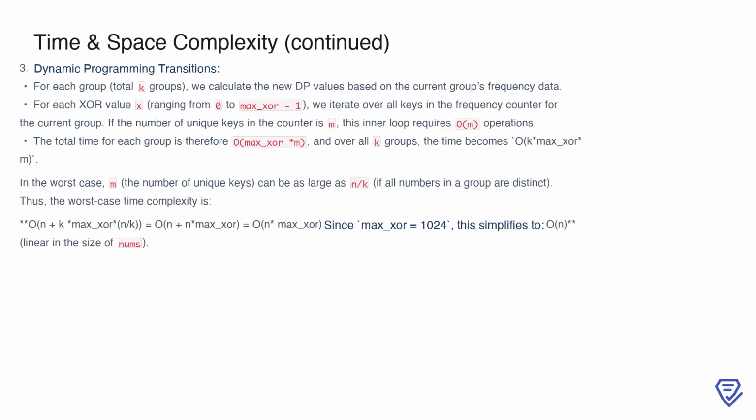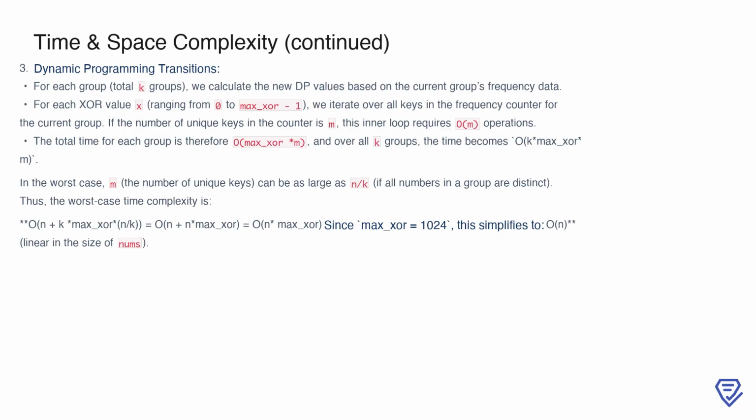If we denote the number of unique keys in the frequency counter as m, the inner loop requires m operations. Over all XOR values, this becomes max_XOR * m per group, and across k groups, the total time is k * max_XOR * m. In the worst case, where all numbers in a group are distinct, m can be as large as n/k.